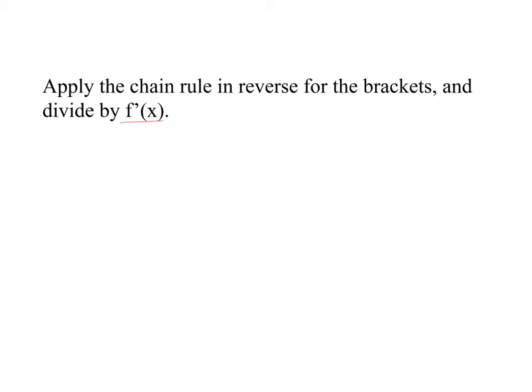Let's look at a couple more examples. Let's say do the integral of x times (x minus 5) squared. It looks like it's a chain rule, so let's try it.